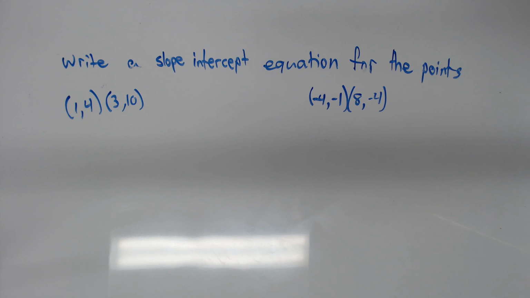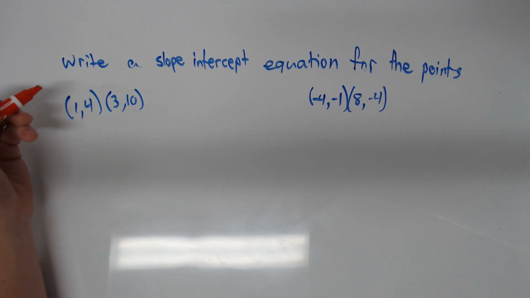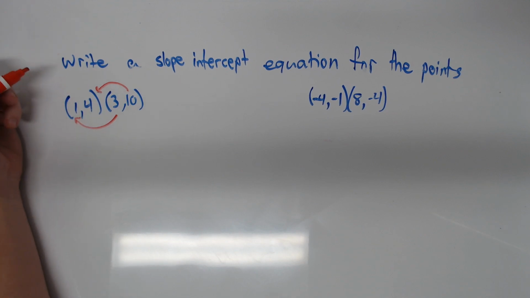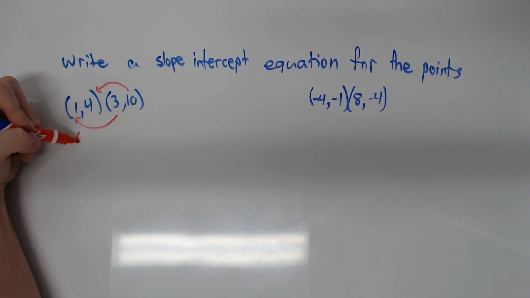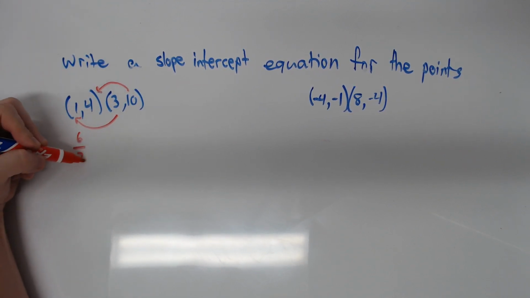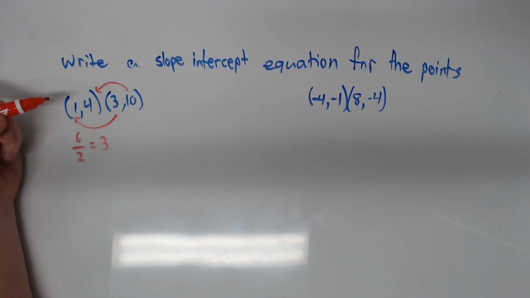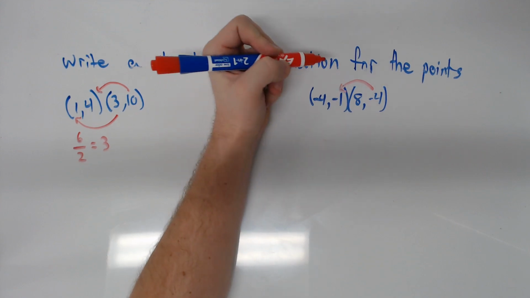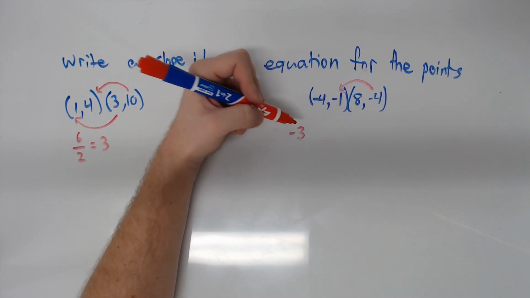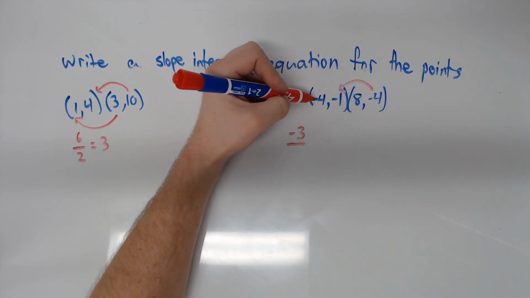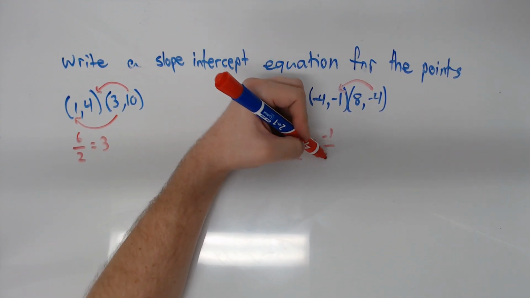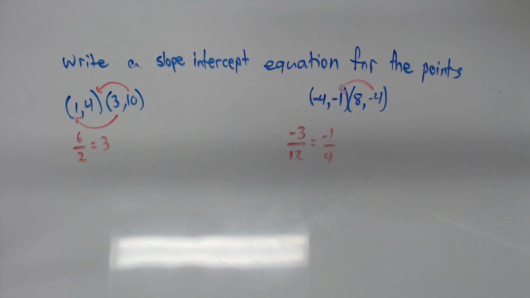Here's 2 problems for us, just some more practice. For both of these, we're going to need to find our slope. Let's do our subtracting right away for both problems. 10 minus 4 is 6, 3 minus 1 is 2, 6 over 2 is 3. There's my slope. Negative 4 minus negative 1 is negative 3. 8 minus negative 4 is 12. Simplify that to negative 1/4. Okay.